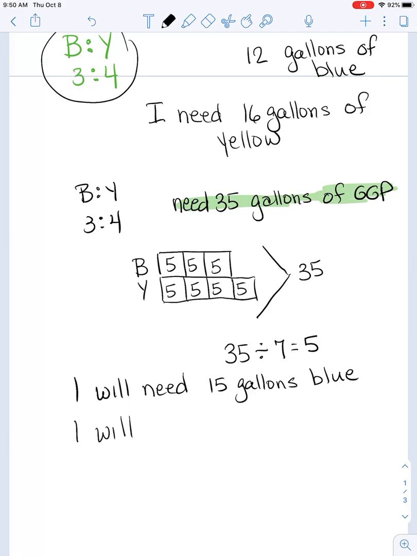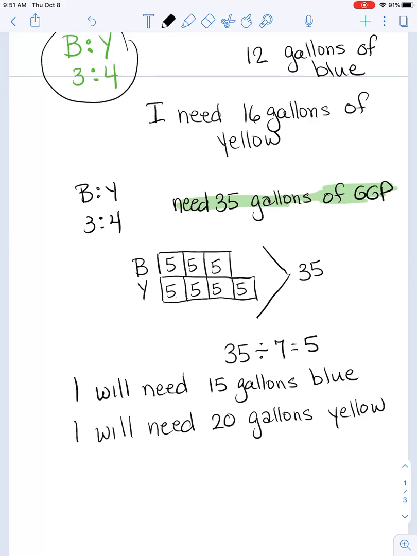And how much yellow will I need? I will need, let's see, we have 5. If you look at the model, 5, 10, 15, 20. I will need 20 gallons of yellow. Okay, so once you draw your model, you can answer a lot of questions.